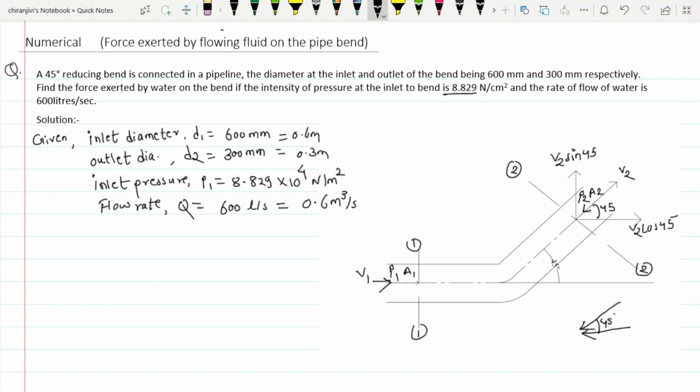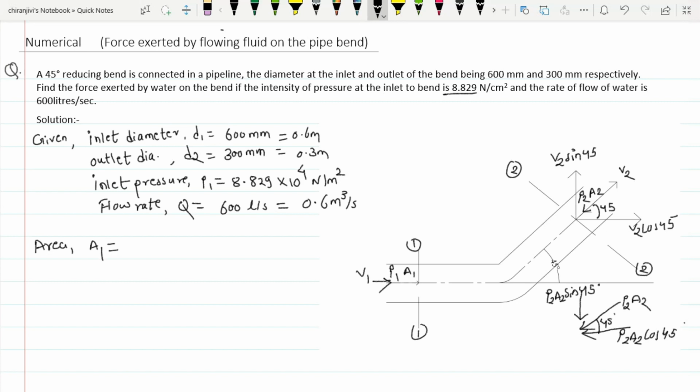So here if this is P2A2, then P2A2 cos 45, and we have here at vertical direction P2A2 sin 45. And now we have to find here area, and pressure at section 2 is also not given. So with the given diameter and discharge, we can find the area and velocity.